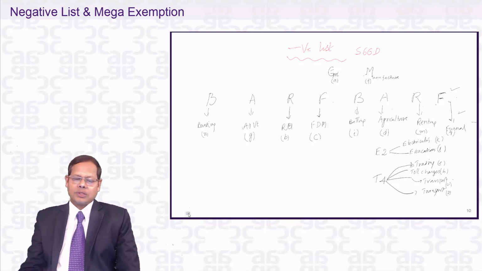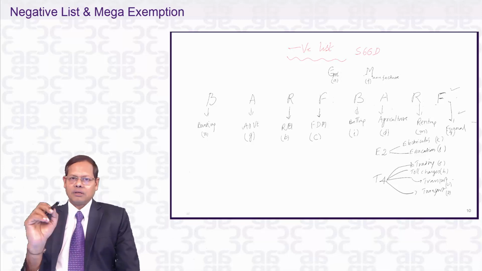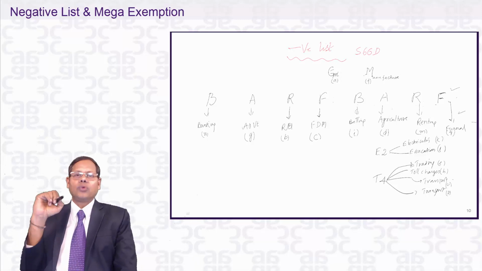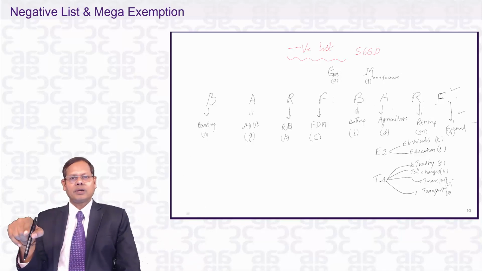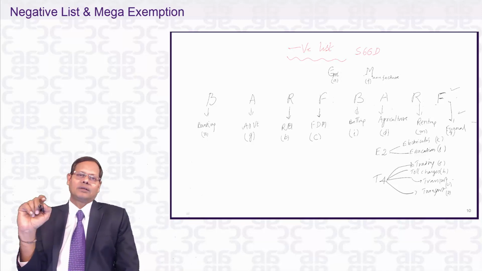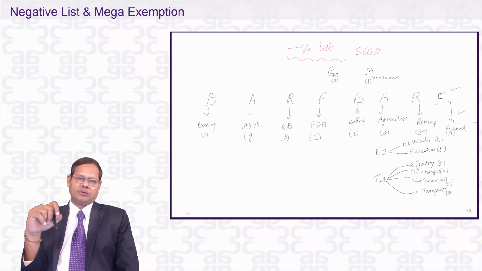So what I have discussed now so far about the scheme. Number one, I discussed a scheme of service tax is that you have to see a particular service becomes fully taxable if it is a service provided in taxable territory, not falling under negative list, not falling under mega exemption, not even falling under abatement scheme, then fully taxable.